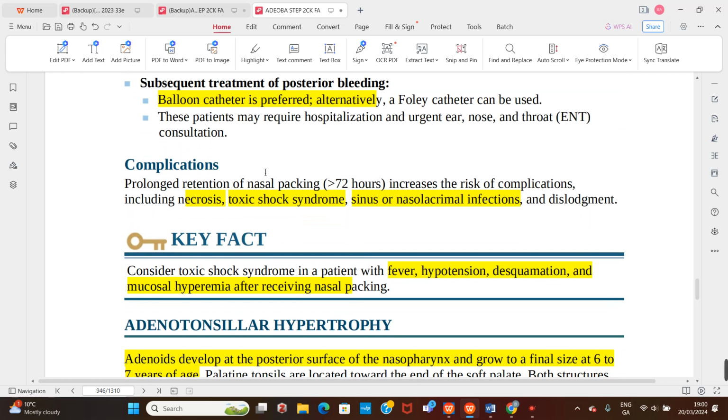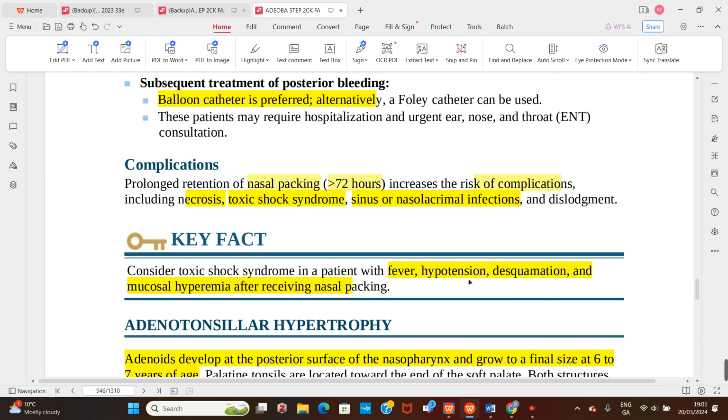Complications can happen, particularly when you do a long period of nasal packing. Most of the time, you don't want to do nasal packing for more than 72 hours. If you do it for more than 72 hours, there's a very high risk of complications, like necrosis of the nasal mucosa, or most commonly toxic shock syndrome, which is caused by Staph aureus and group A Streptococcus pyogenes. You notice that the person suddenly becomes feverish, hypotensive, and develops some skin rash, desquamation, and multi-organ failure.